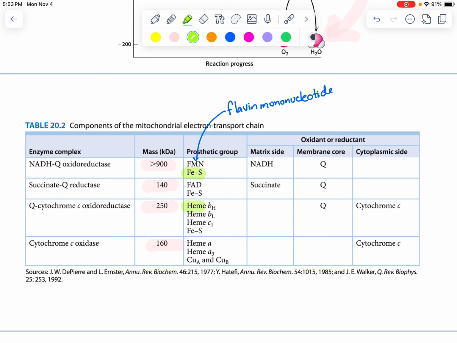And we have copper working to help carry these electrons. You can see that some of these are on the matrix side, some in the membrane core, some on the cytoplasmic side. That's where those carriers are kind of physically located.